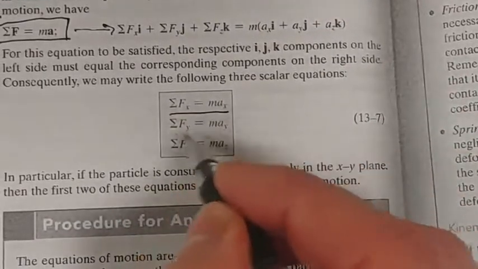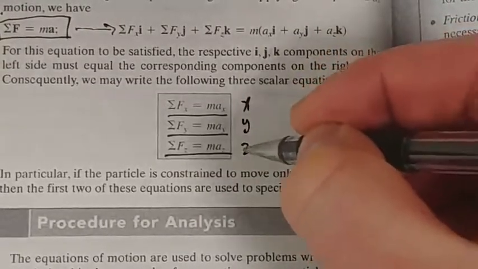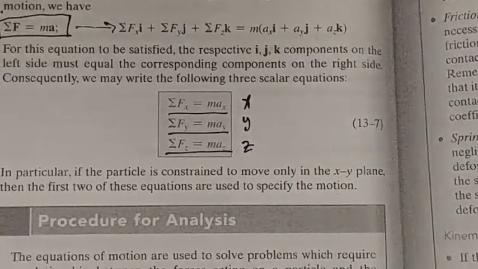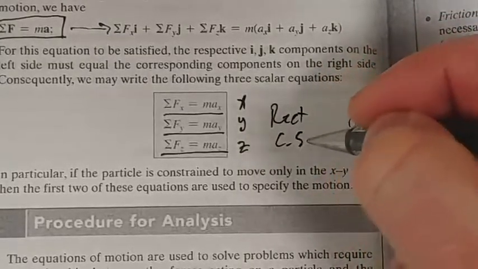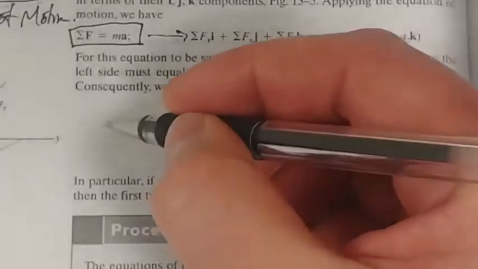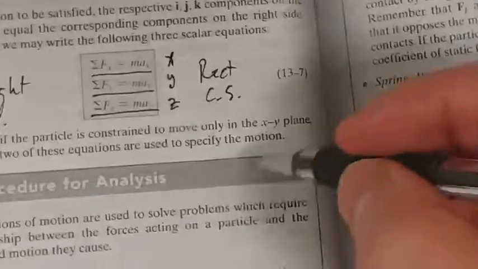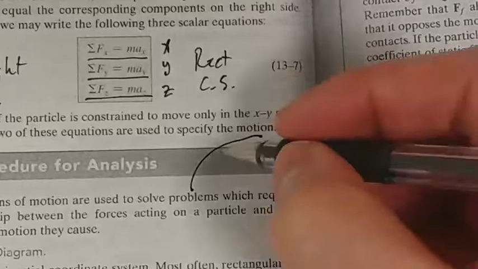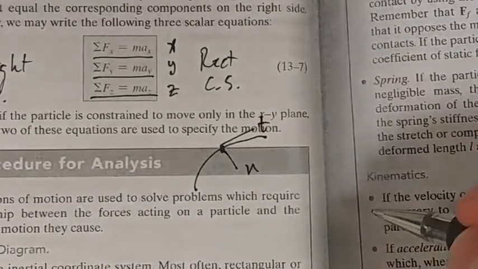These are our three equations of motion in the x, y, and z directions. So this is our rectangular coordinate system. And remember, we would generally use this when we have straight line motion. We will see later when we have curvilinear motion, we will mostly use the normal and tangential coordinate system.